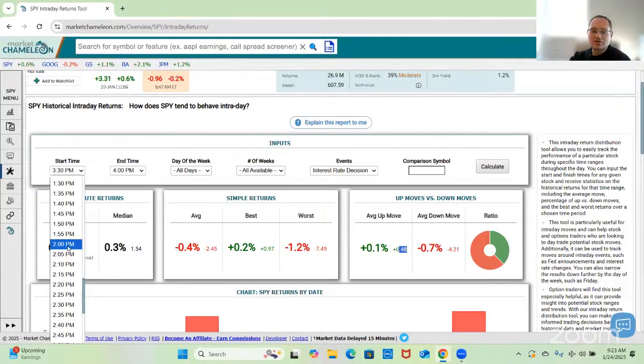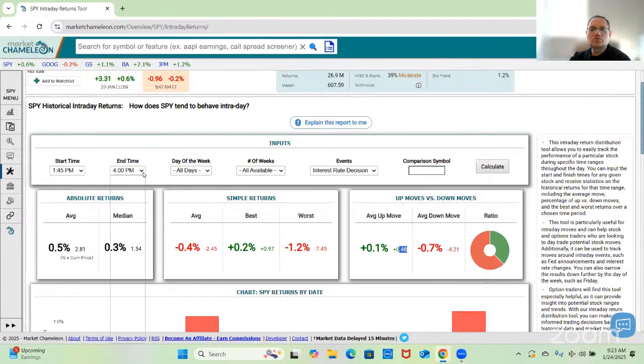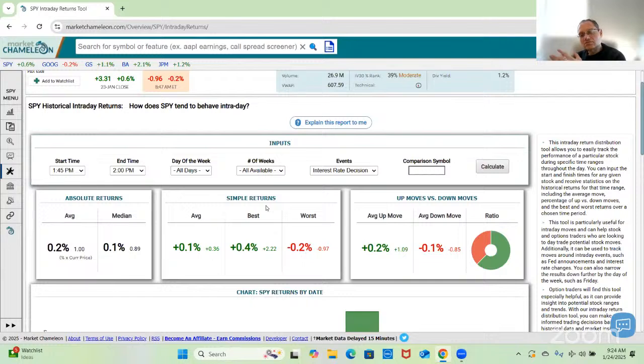Okay, what does it tend to do? So let's say from 1:45 to 2 o'clock. Let's recalculate that. And here we see that there's some volatility there, 0.2%, right?